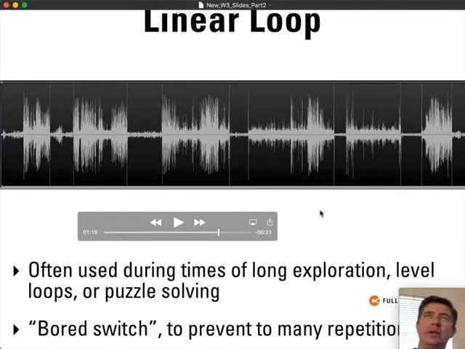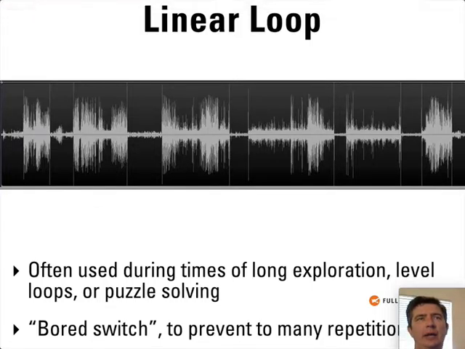Linear loops are really helpful in something where you have levels or puzzles or often exploration, where you're just kind of wandering around trying to find the next course of action. Games have been known to use a bored switch, which is a term for, well, if the music is about to get boring because we have looped it 3 times already and we're about to hit the 4th, maybe we just fade the music out.